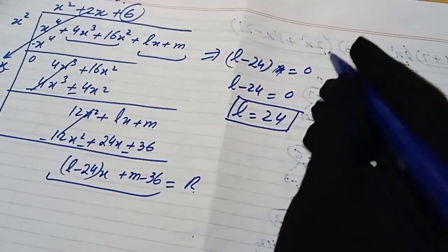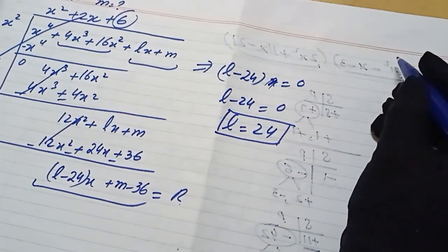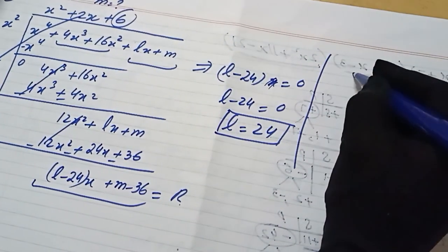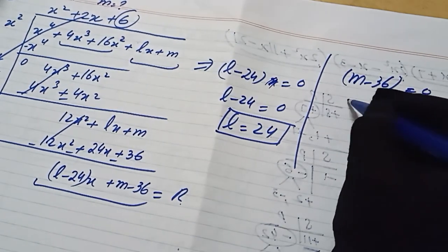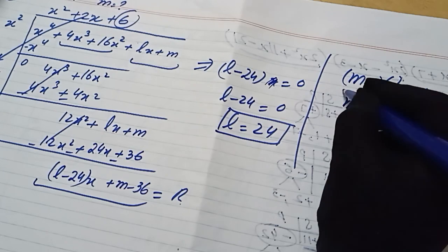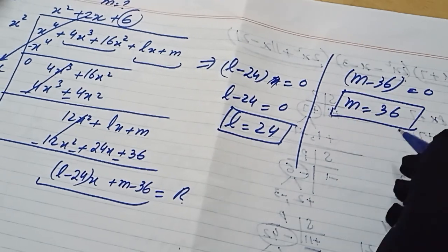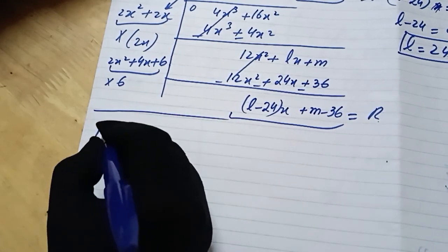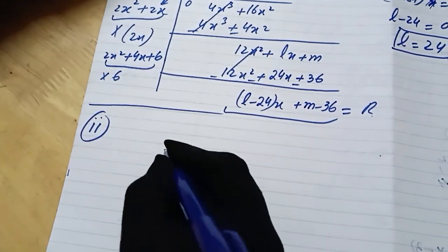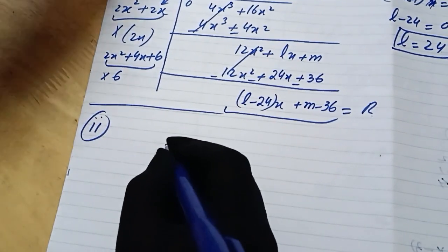After that, this one m minus 36 constant term should also be equal to 0, and in this way m value equal 36. So L and m is obtained in this way. Second part is also can be solved in the same way. Let me explain it on a very fast pace.